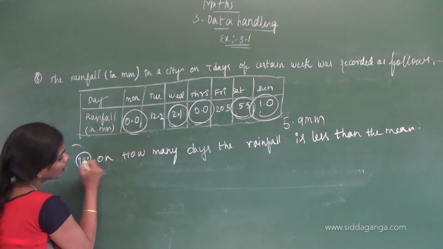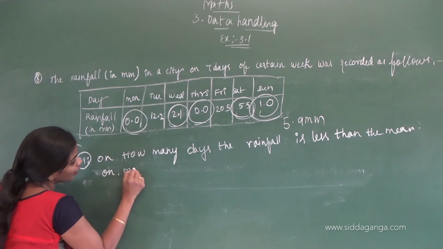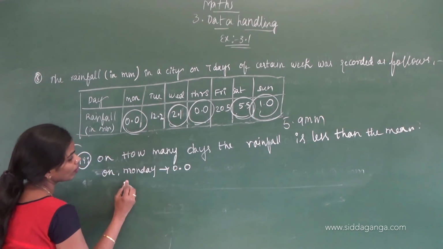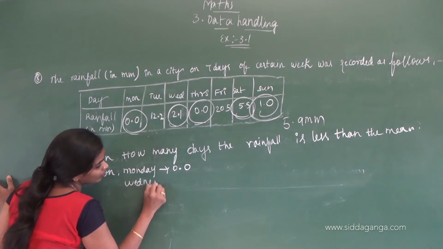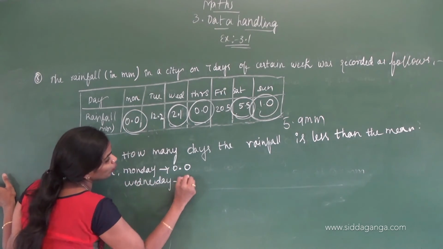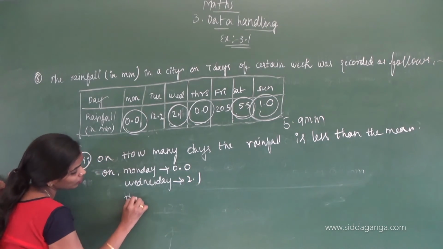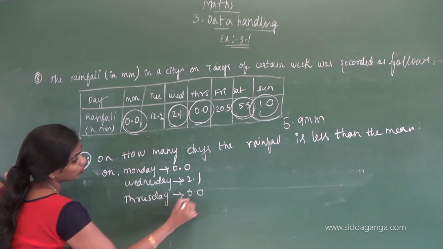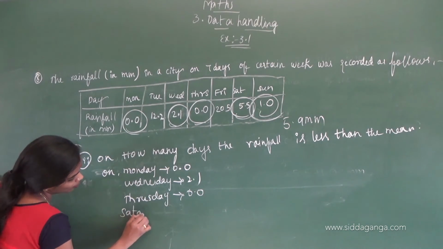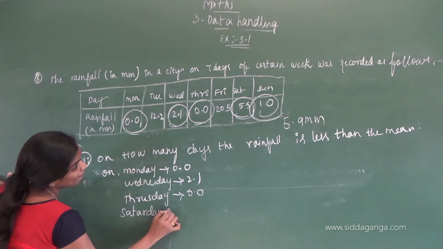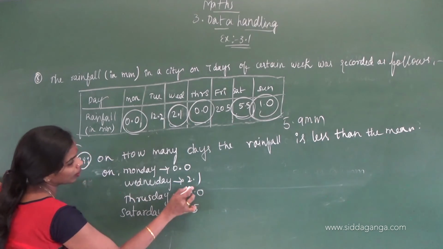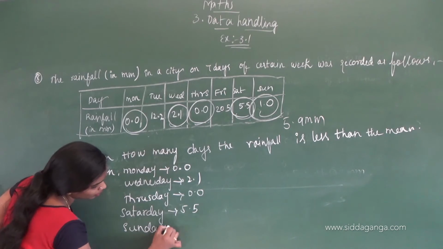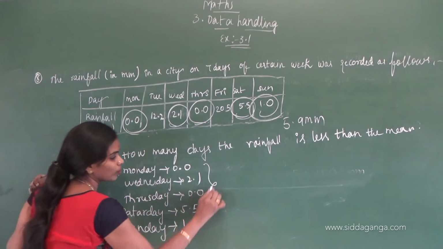On Monday, Wednesday, 2.1, Thursday, 0.0, Saturday, 5.5, Sunday, 1.0.